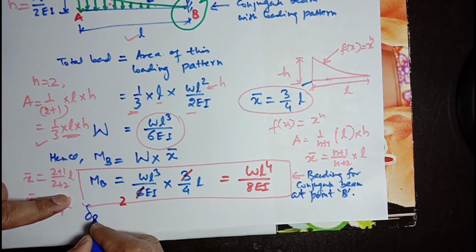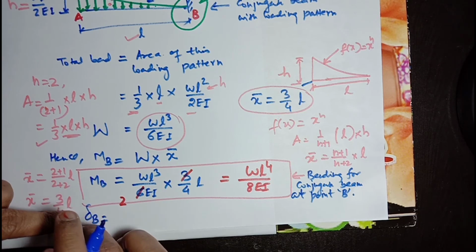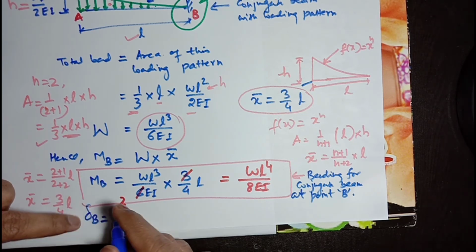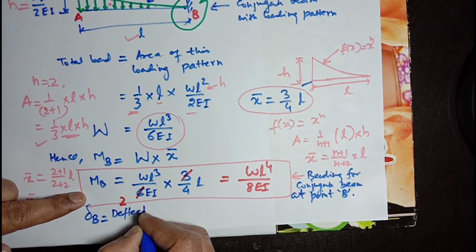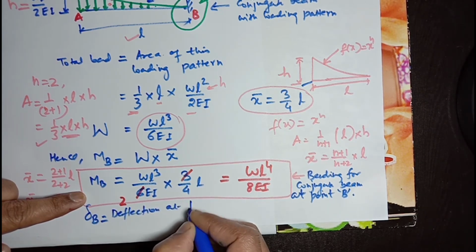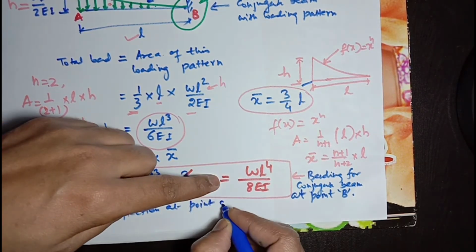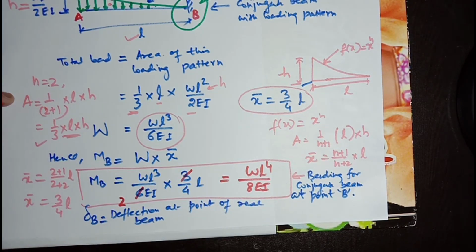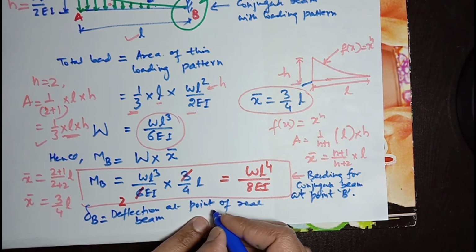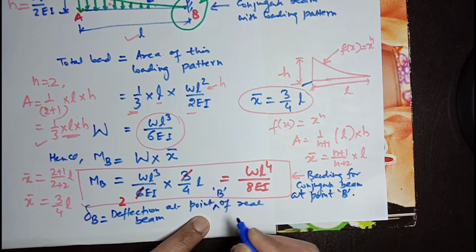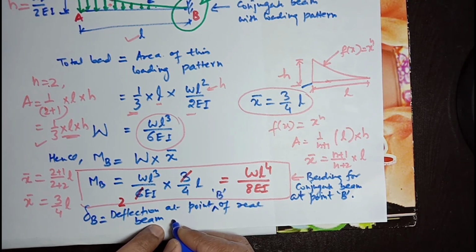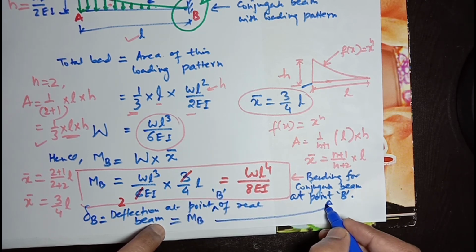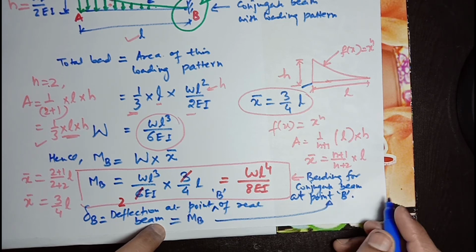So delta B will be the deflection at point B of the real beam, which is our subject of analysis. Delta B, the deflection at point B of the real beam, is nothing but MB, which is the bending moment for the conjugate beam at point B.